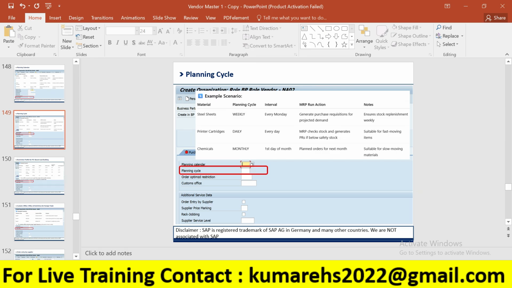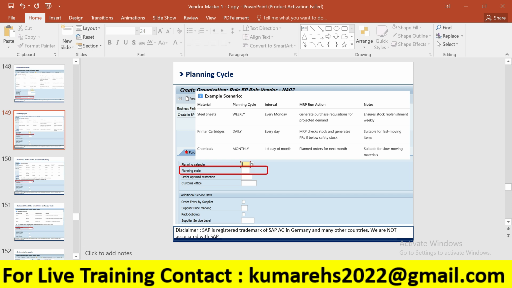So the definition: a planning cycle specifies the interval at which MRP runs for a material, helps in periodic planning, especially for materials that are ordered or produced on a schedule, typically defined in days, weeks, or months depending on business requirements.